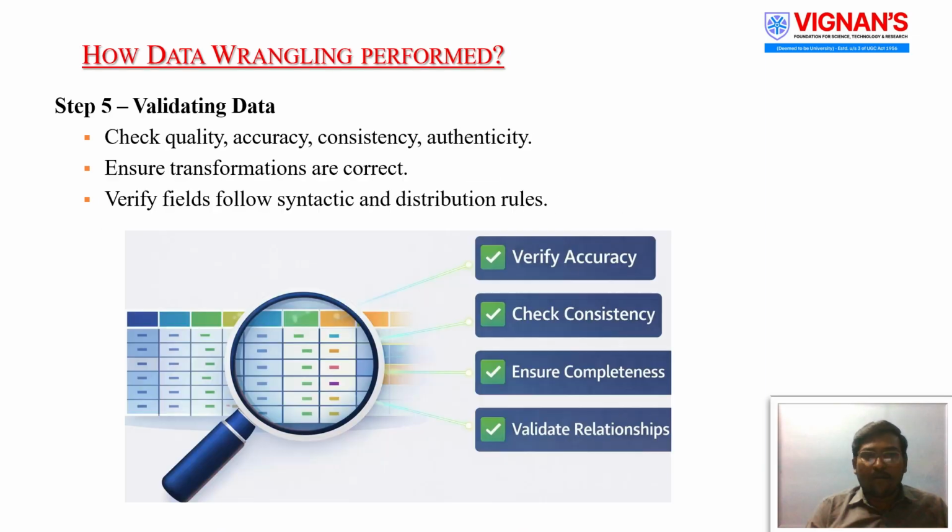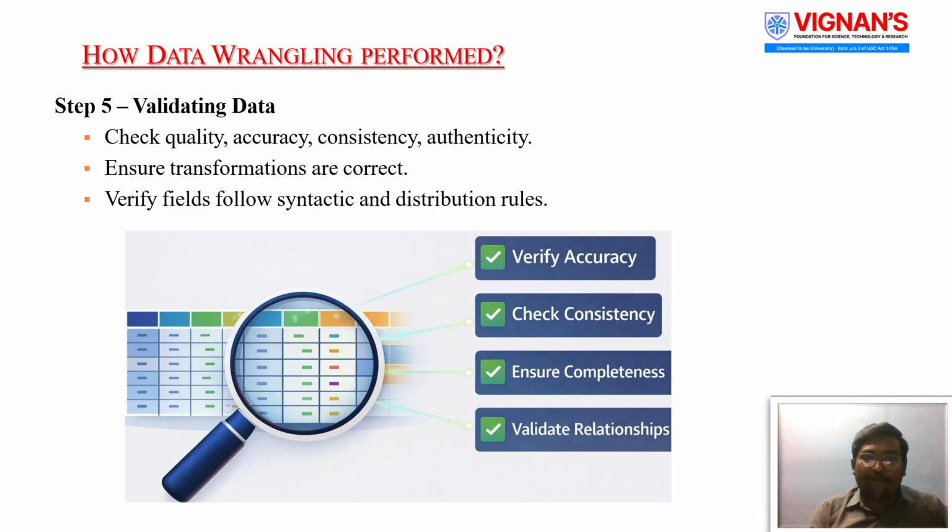And the major step is validation. Here we have to check the quality, accuracy, and consistency by using metrics like precision, recall, and F1 score. By using all those evaluation metrics, we can validate and ensure whether the transformation is correct or not.